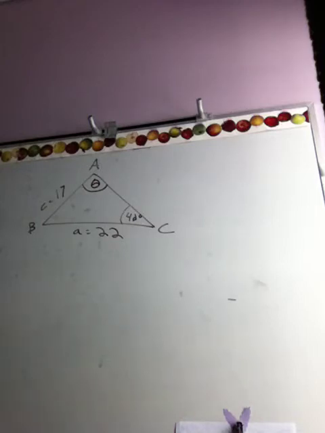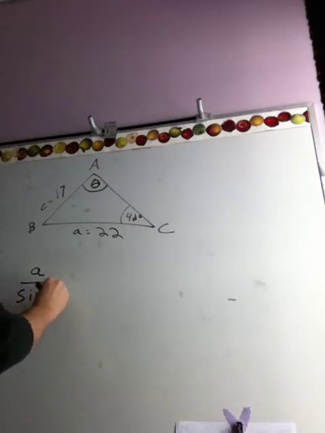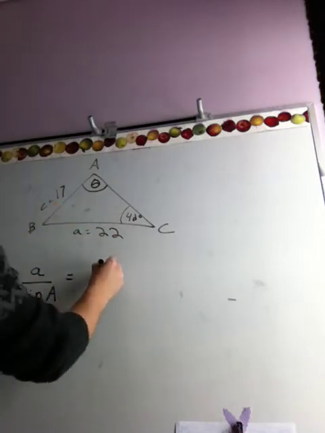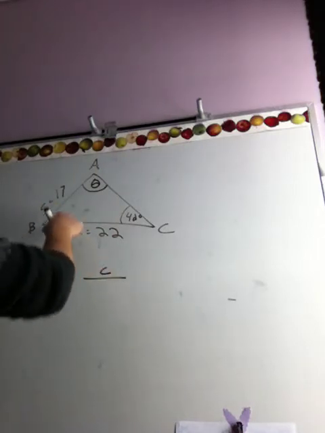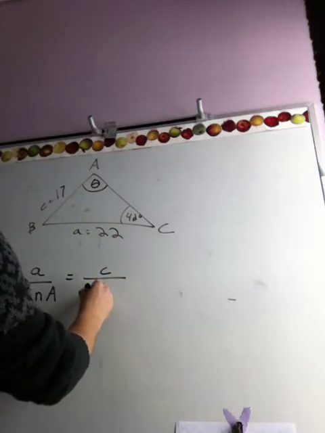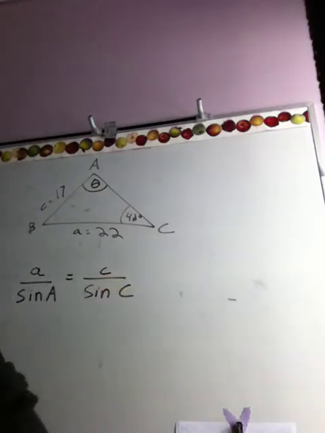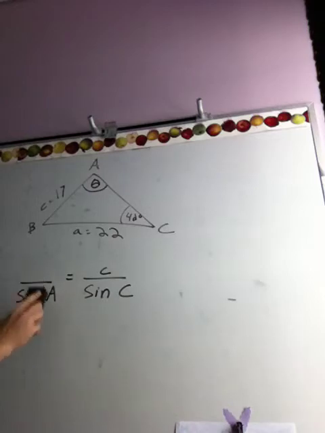So, using the law of sines, we'll say a, which we know, over the sine of A, which is what we're looking for, equals c, which we know, over the sine of angle C, which we also know. So a is 22.